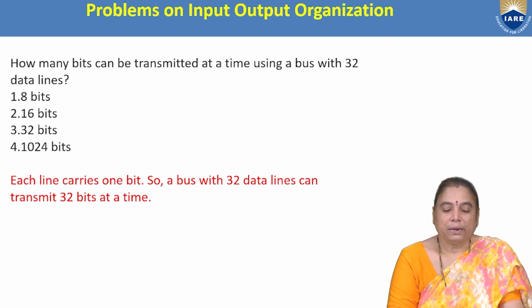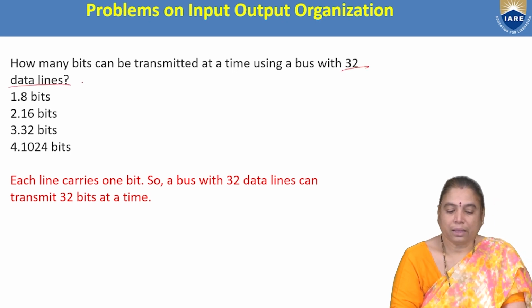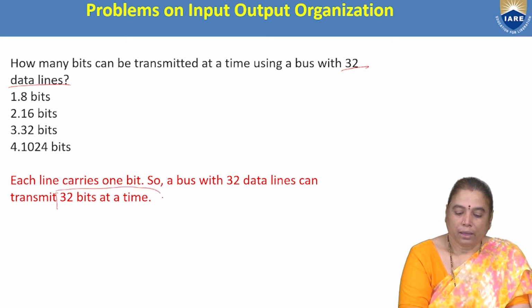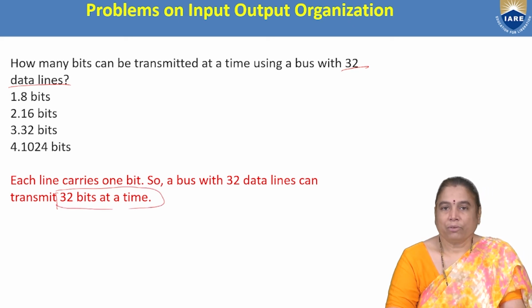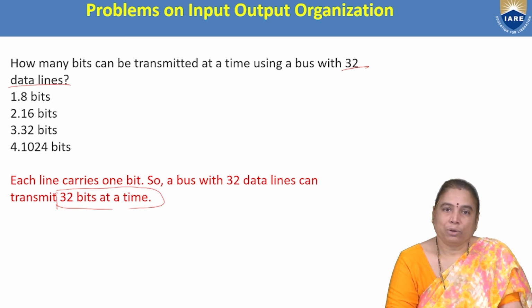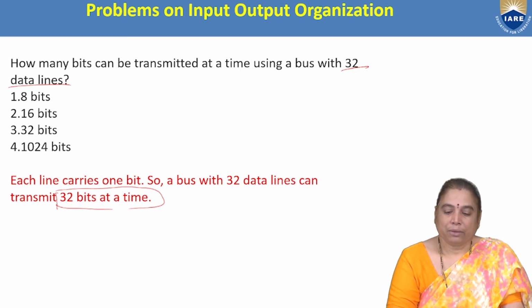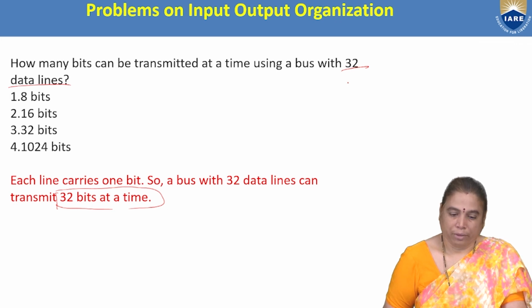Next, how many bits can be transmitted at a time using a bus with 32 data lines? The data bus contains 32 data lines, so 32 bits can be transmitted at a time. The number of bits in the address line is used to access the memory location. Addressable memory location is 2 power 32. But if the data lines are 32, then 32 bits of data can be transferred at a time.